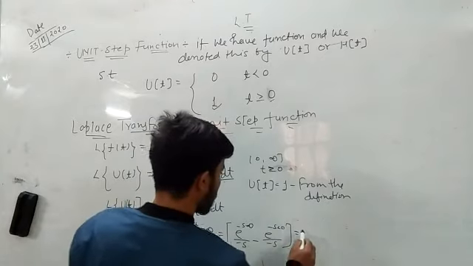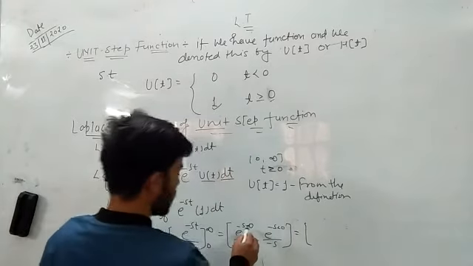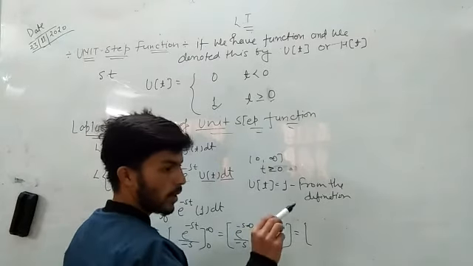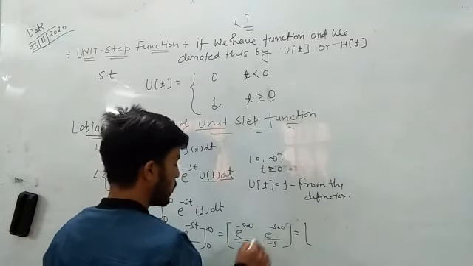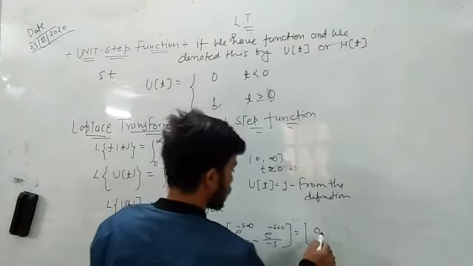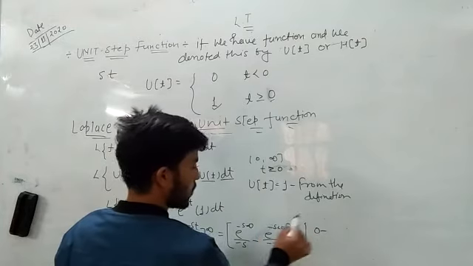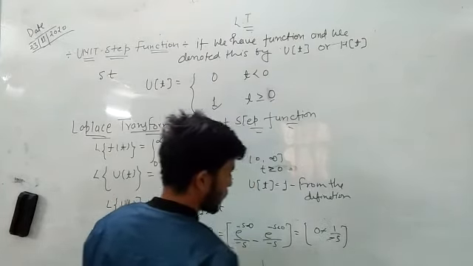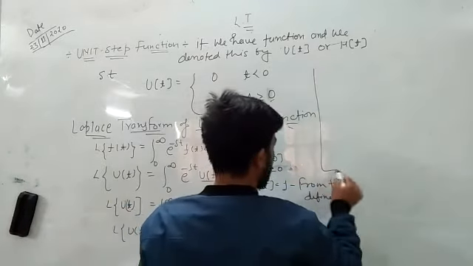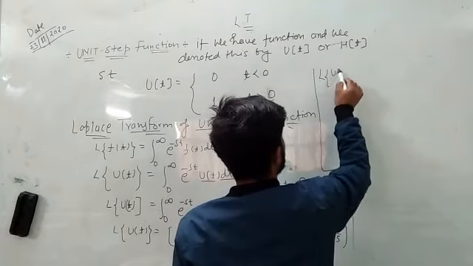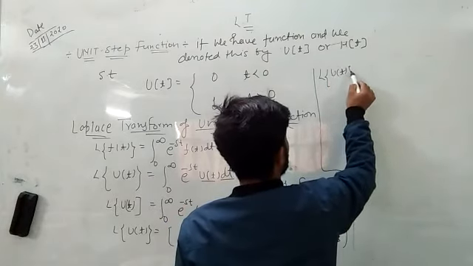Here we get e raised to the power of minus s into infinity, and the value of e raised to the power minus infinity is 0, and 0 upon minus s is again 0. Now minus e raised to the power 0 is 1 upon minus s, and the minus signs cancel out. So we find the Laplace transform of the unit step function.